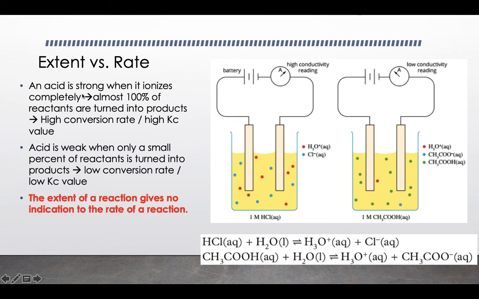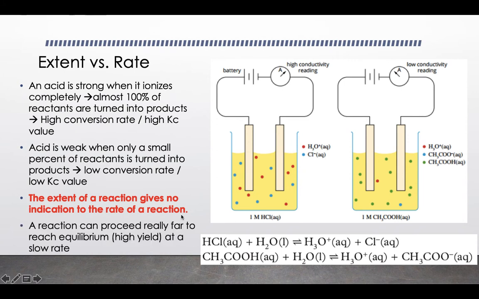Everything that I have described here is the extent of the reaction rather than the rate of reaction. Even if the reaction goes really to completion, there is no indication of the rate. Also, a reaction can proceed really far to reach equilibrium, so it will have a high conversion rate, but it can also happen really, really slowly.